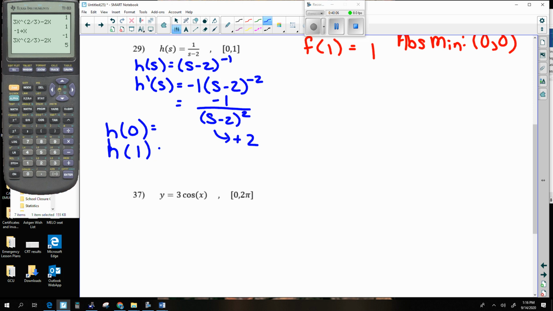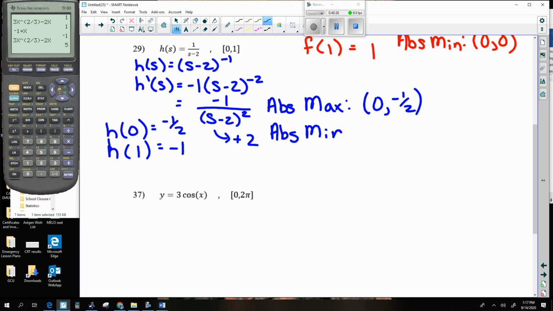All right, so 0 is -1/2, 1 is -1, and so our absolute max is going to be at 0, -1/2, and our absolute min is going to be at 1, -1.